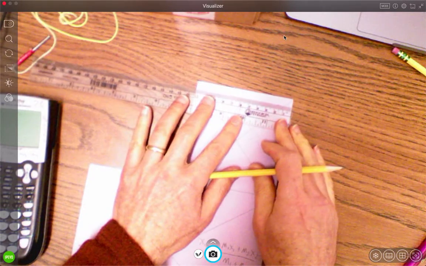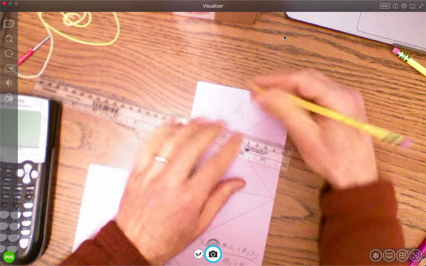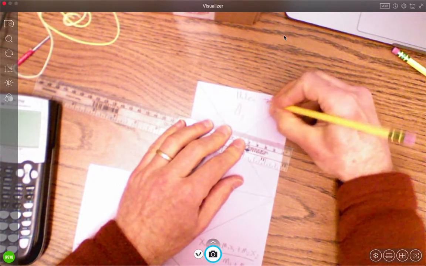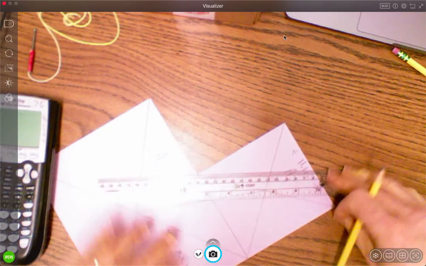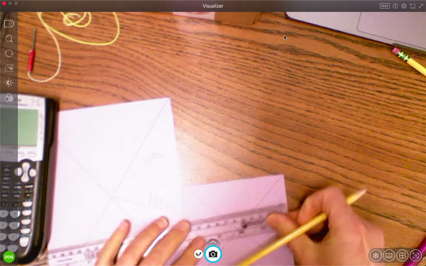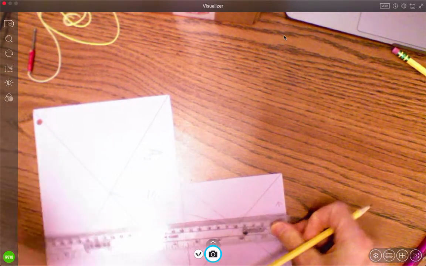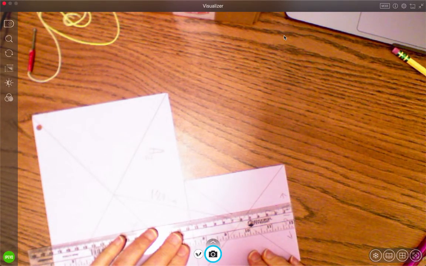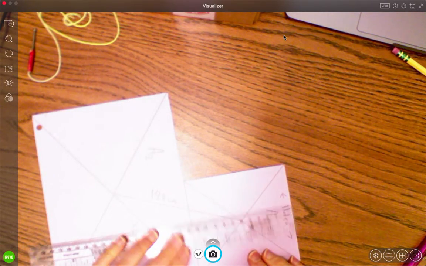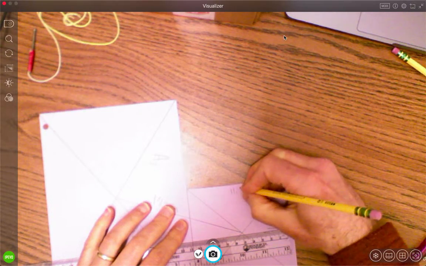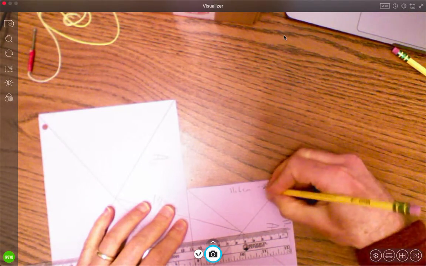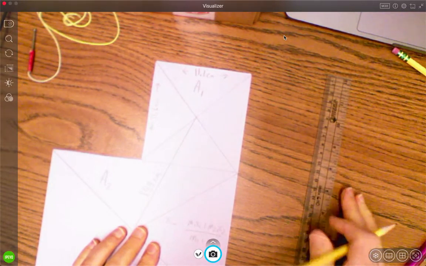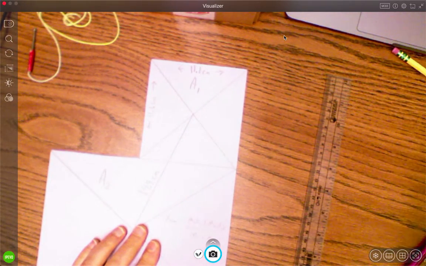This guy is 11.1 centimeters. And then this line here is, I can do this. This is 11.6 centimeters. So the area of this is 11.1 times 11.6.